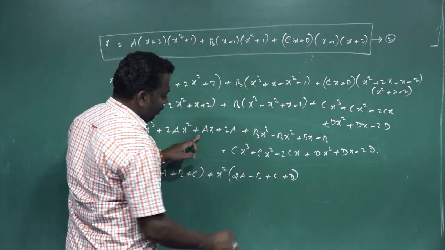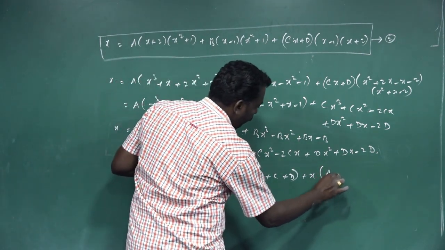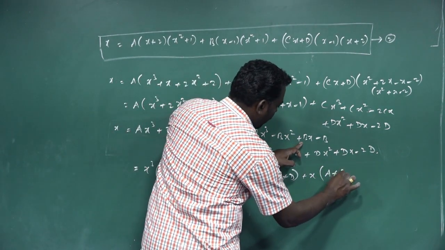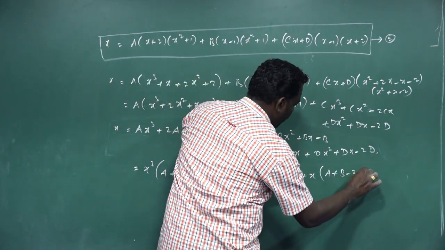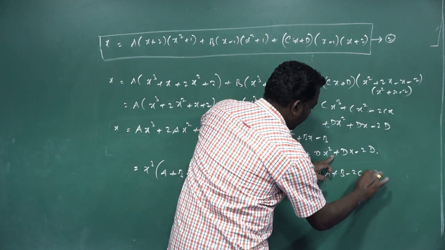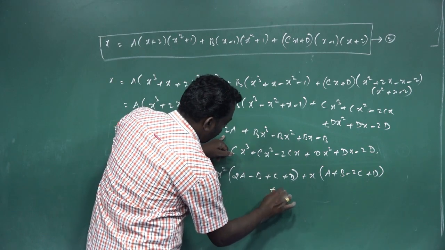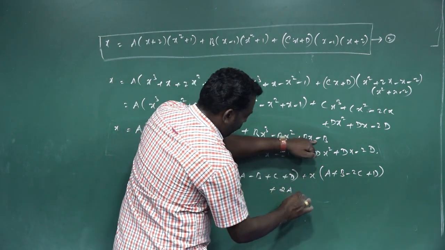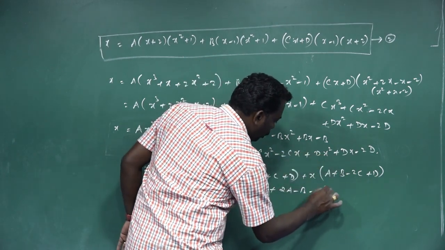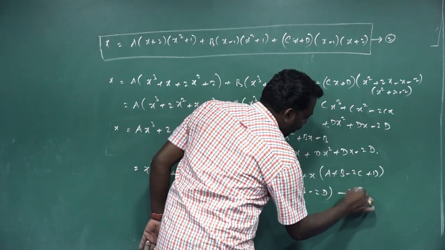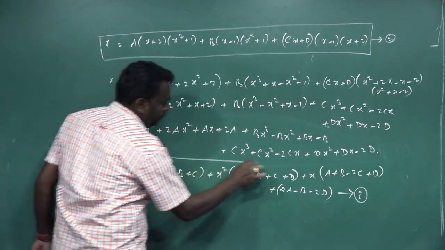Then taking x term as common: a plus b, there is no x term here, minus 2c plus d. Then the constant term: 2a minus b minus 2d. This equation is defined as equation number 3. The left hand side is equal to x.